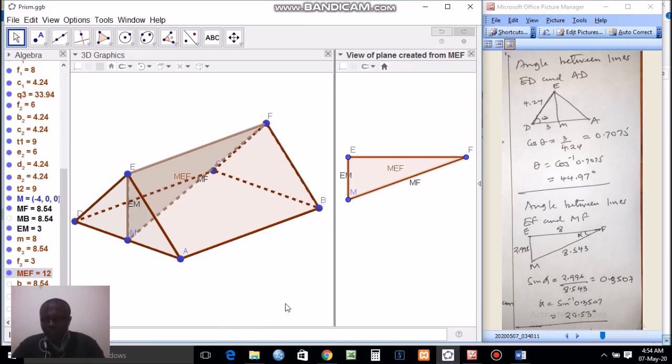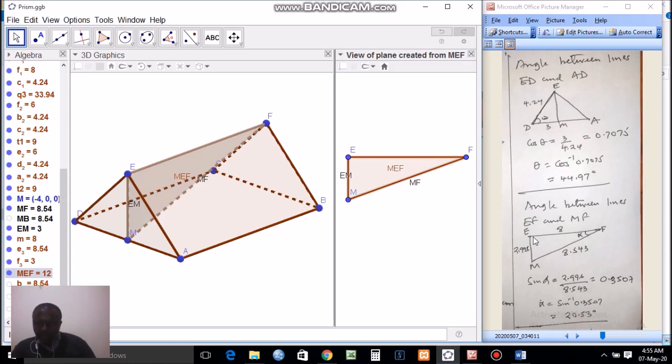Next, we have the angle between EF and MF. Again, this is the triangle which we are using because MF and EF are both on triangle MFE, which is here, right angled at E. And so we have it here, the dimensions of that triangle, EF is 8 and EM is 2.996. And also we know MF as 8.543.